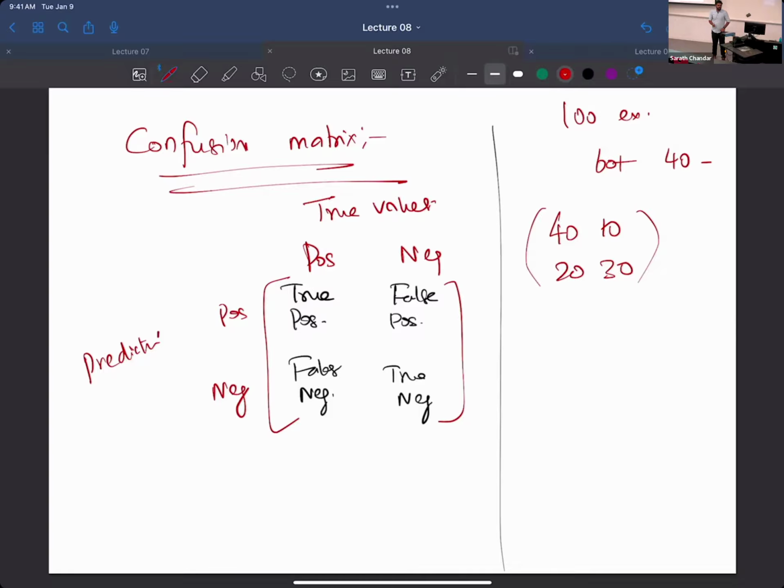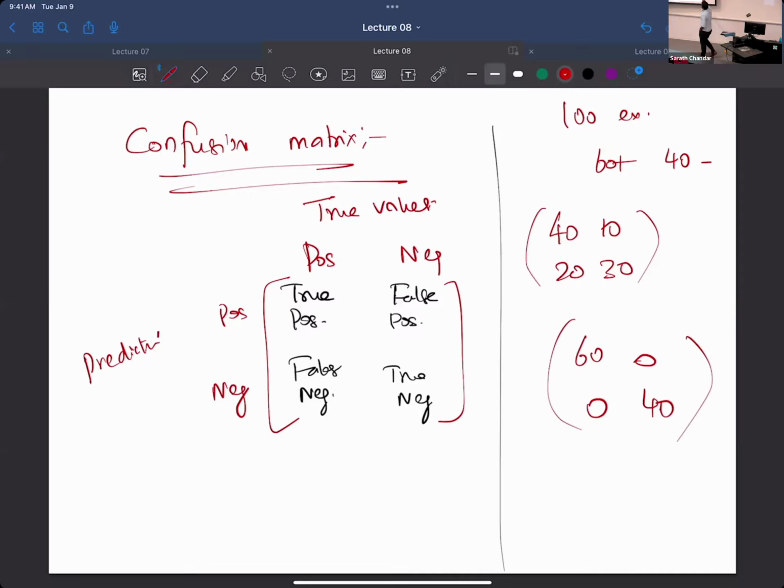Now, how would an ideal confusion matrix look for this example? It would be like an identity, but you still have the numbers, right? You have 60 positive examples, 40 negative examples. So how would the ideal confusion matrix look? It's diagonal. What would be the entries of the diagonal? It's going to be 60, 0, 0, 40, right?